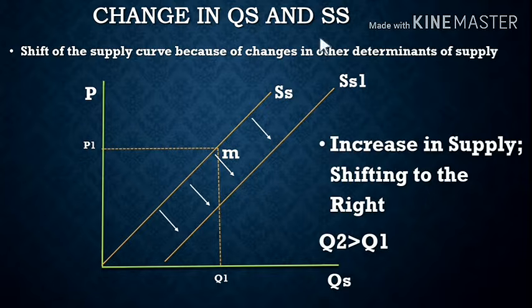So this is from SS to SS1, an increase in supply, or in other words we call it shifting to the right, okay. Demand concept ላይ demand curve shifting outward እና shifting inward ነው. When we come to the supply concept ላይ ስንመጣ ግን shifting to the right and shifting to the left. Shifting to the right is an increase in supply, shifting to the left is a decrease in supply, okay.